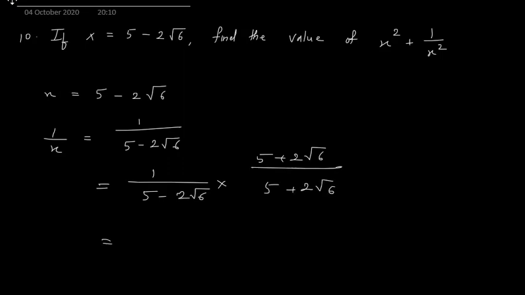So this is 5 plus 2 root 6 whole divided by, now (a minus b) into (a plus b) is a square minus b square.